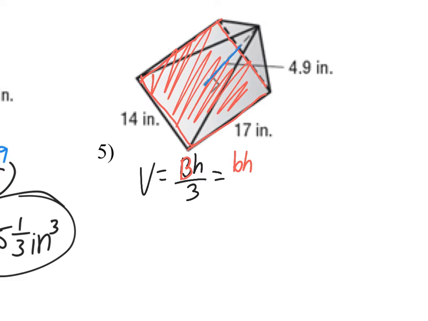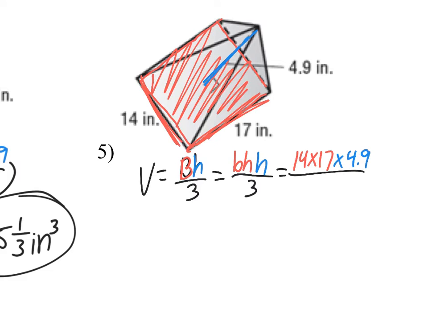Then we'll multiply it by the height of the figure. And again, we'll divide by 3 when we're finished. The base and the height of that rectangle are 14 by 17. So 14 times 17 times the height of the entire figure, which is that 4.9. We'll divide that by 3.